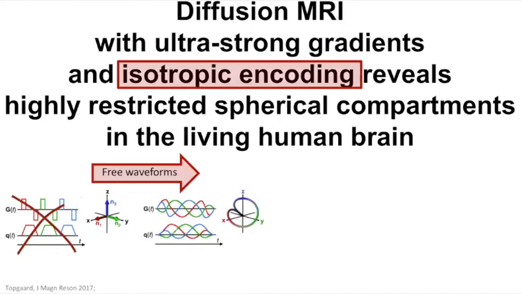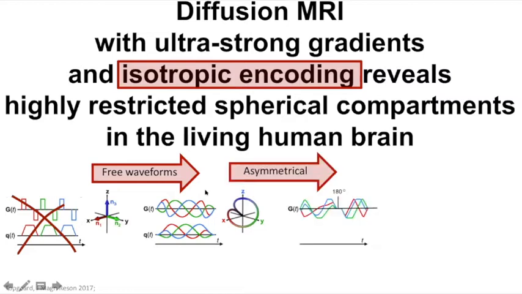So, inspired by this work, we wanted to repeat this with strong gradients and isotropic encoding, making a few improvements to the way the encoding is done. One thing we did was, instead of using pulse gradients, which take quite a lot of time, we switched to free waveforms, where you have a smoother trajectory in gradient space or Q space.